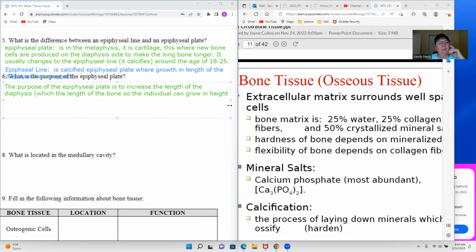So the epiphyseal plate allows the increase in length of the bone, which allows the increase in the height of the person.